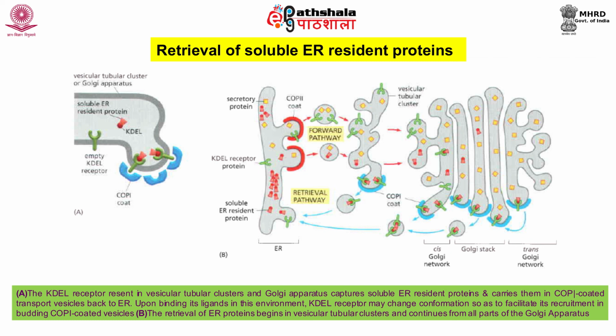So, resident ER membrane proteins contain signals binding directly to COP1 coats and so get packaged into COP1 coated vesicles for retrograde delivery to the ER. It is recognized by a receptor or receptor-like protein.